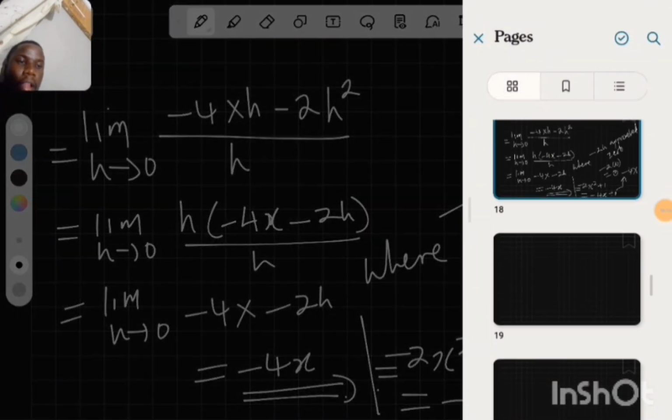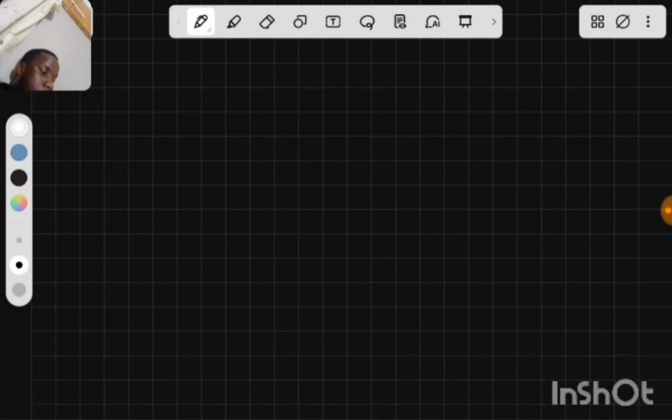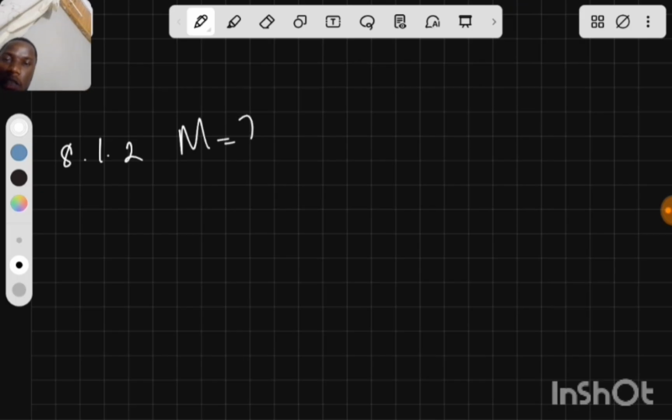Then let's look at 8.1.2. Here they want us to calculate the gradient.